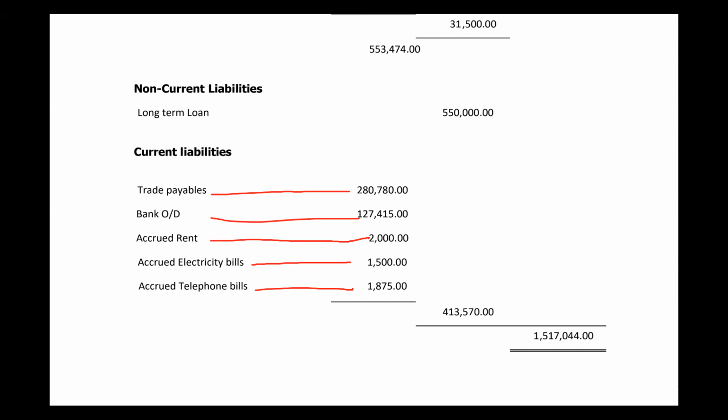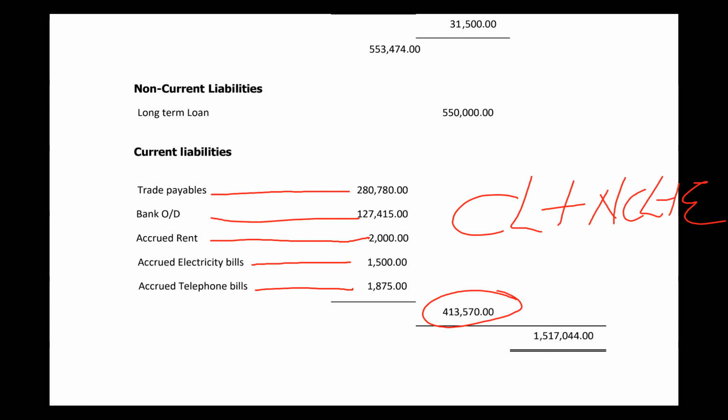Once you do the right thing, you have the total non-current liabilities. So you add total current liabilities plus non-current liabilities plus equity. It should be equal to total assets. Okay.